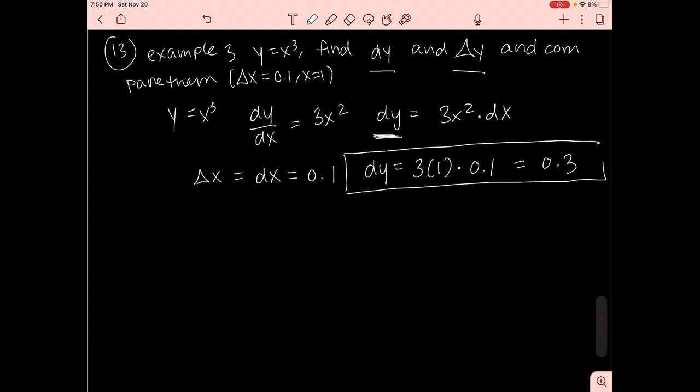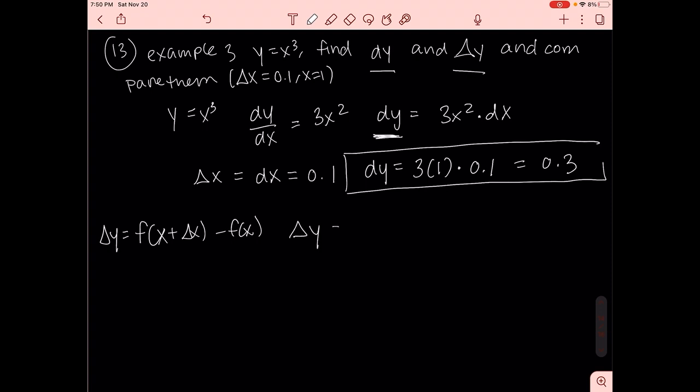Okay, so now let's go ahead and evaluate delta y. So if you remember from before, our formula for delta y is going to be equal to f of x plus delta x minus f of x. Okay, so in this scenario, we've got our x and we've got our delta x, so let's plug those in.